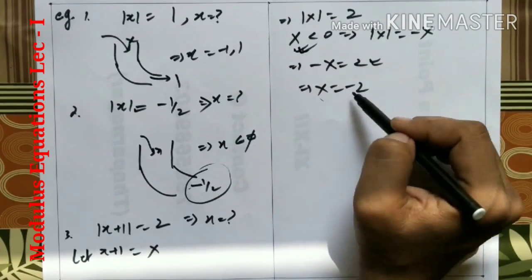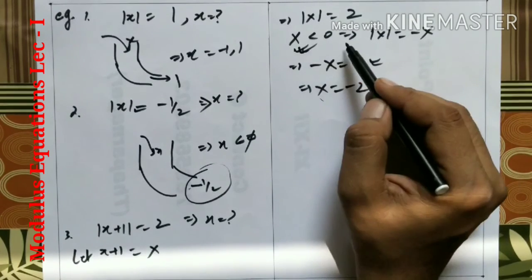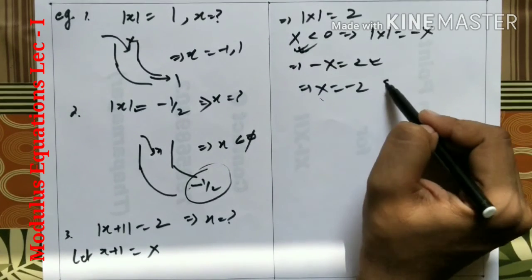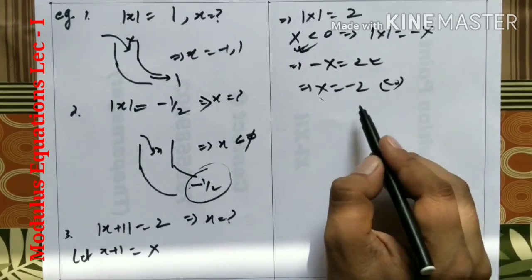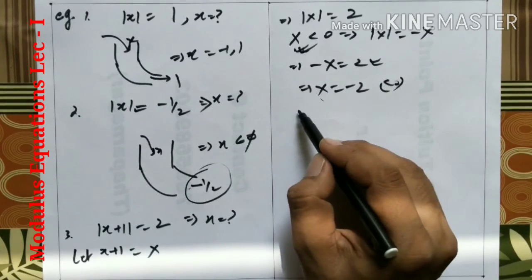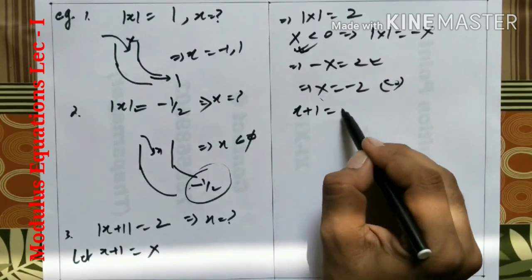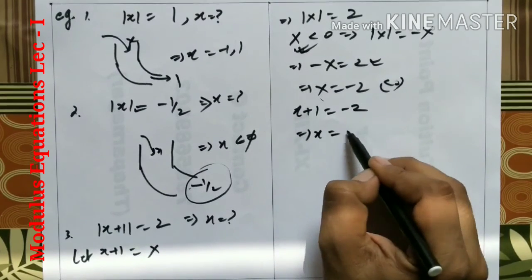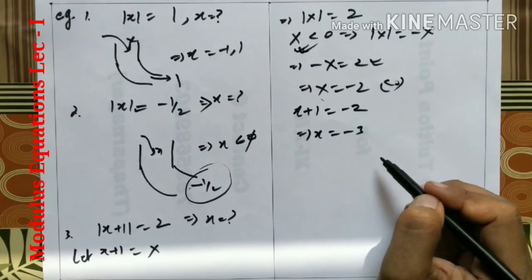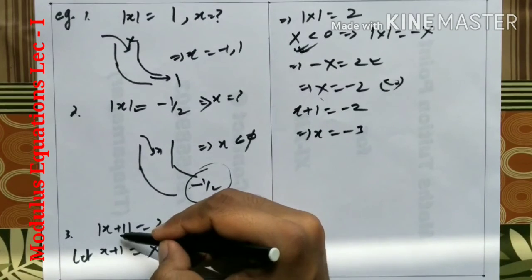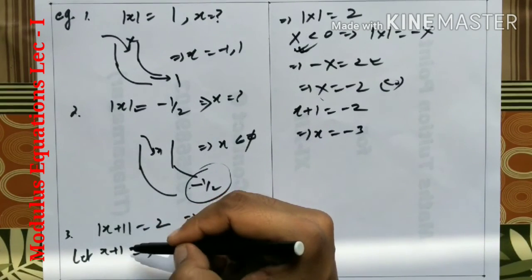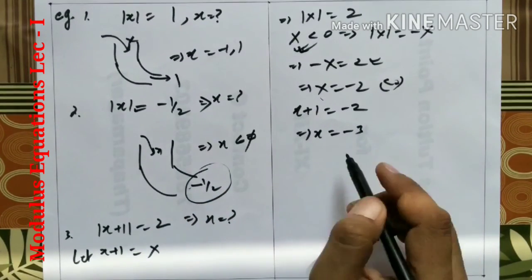Now we are seeing capital X is equal to -2 and capital X is less than 0. So is -2 less than 0? Yes. That means this will be the answer. But we have to find the value of small x. So x plus 1 is equal to -2. So that means x is equal to -3 is one of the answers. If you put -3 over here, you will get -3 plus 1, that is -2, and mod of -2 is 2. So that is satisfying.